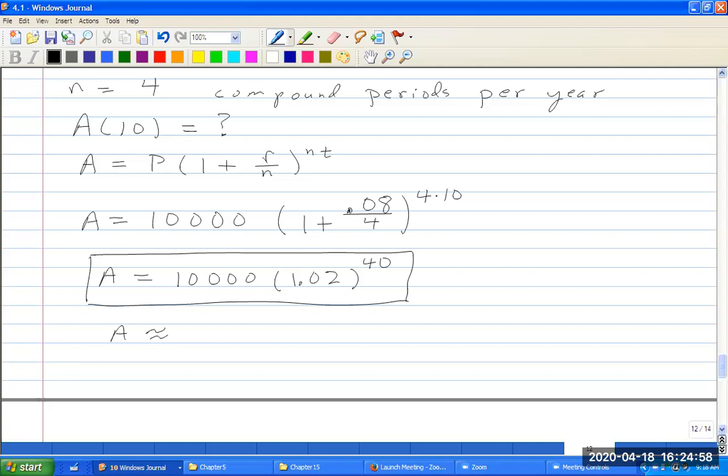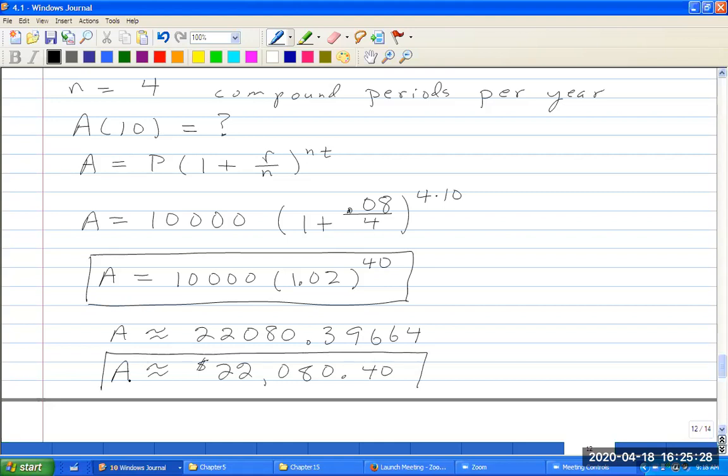In our calculator, it gives 22,080.4, and so let's round to the nearest penny, 22,080.40. Usually that's the form that we like to give this in, dollars to the nearest penny.